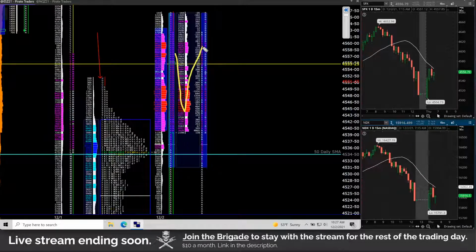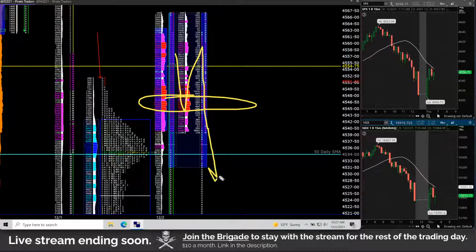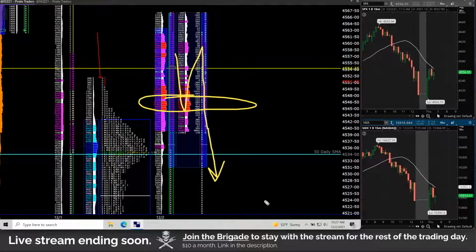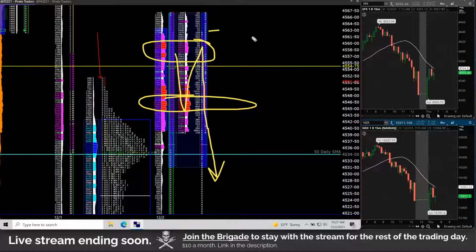We're bouncing between these two levels. If we break back below this current support, you're going to squeeze out everybody who's going long right now. And that could be the slingshot down. Whereas if this resistance holds, it could give you a good risk reward entry because you could put your stop right there on a short.